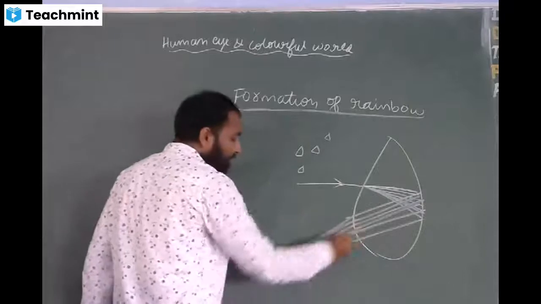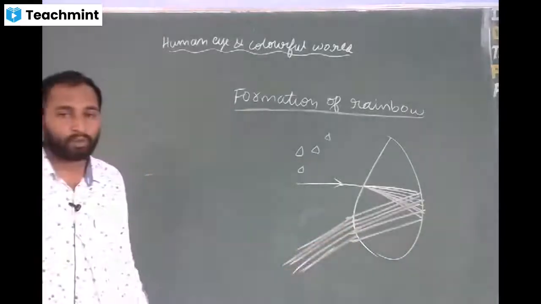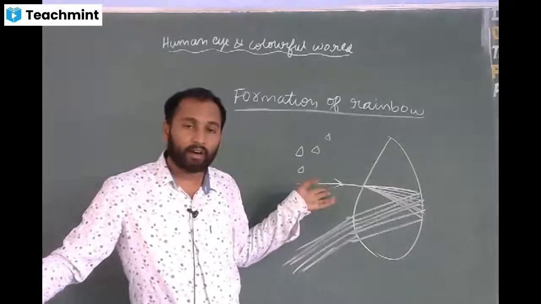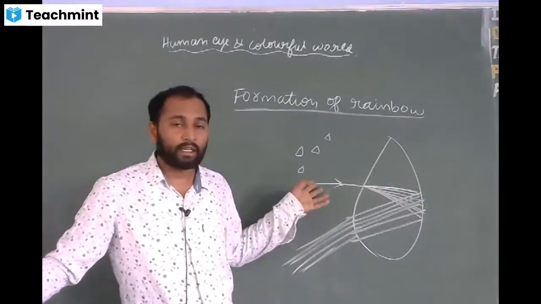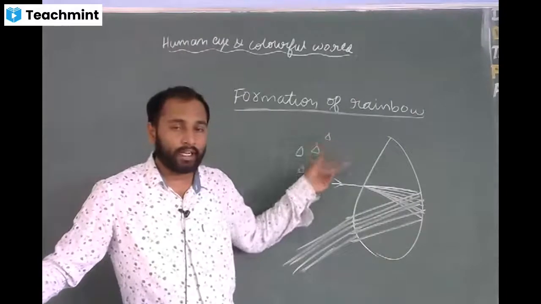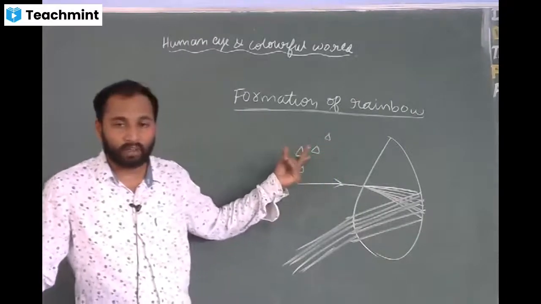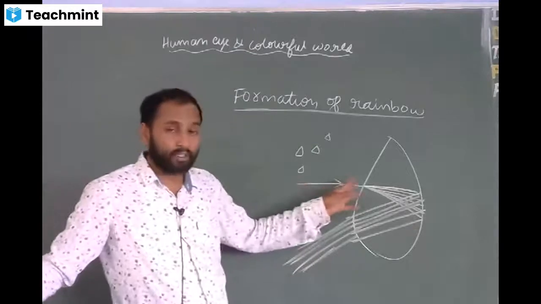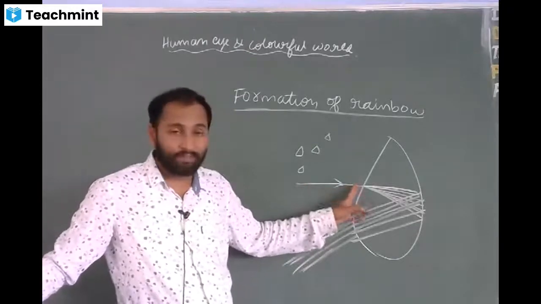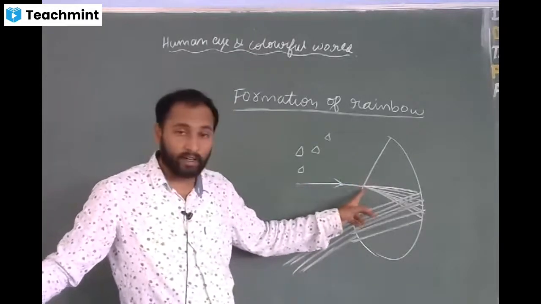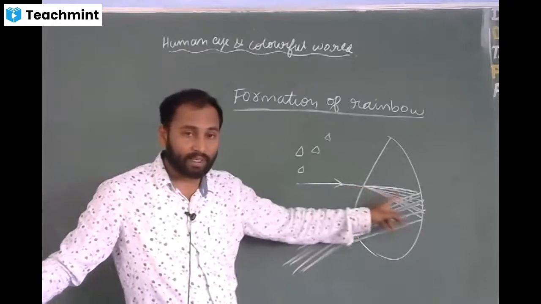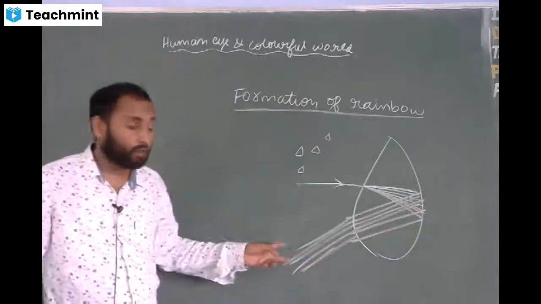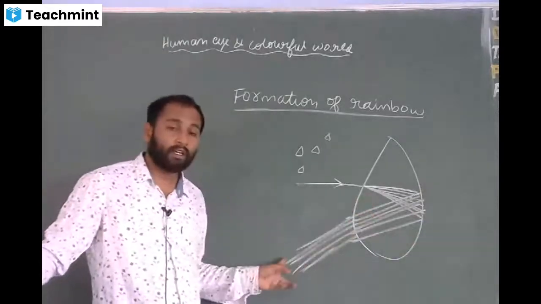Then we observe this as a rainbow. So when light enters the tiny water droplets, first the light ray will refract, then disperse, then reflect internally. That is how we see the rainbow.